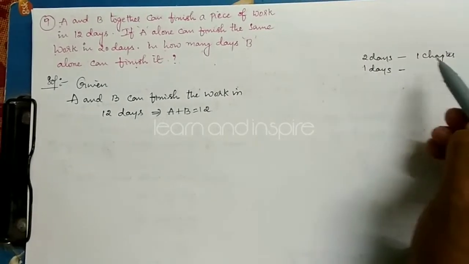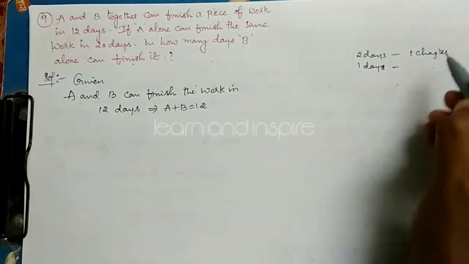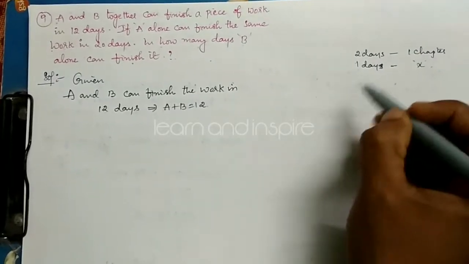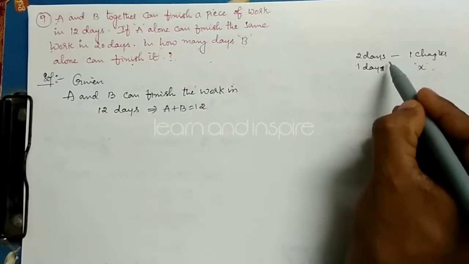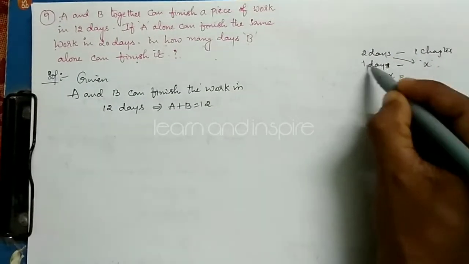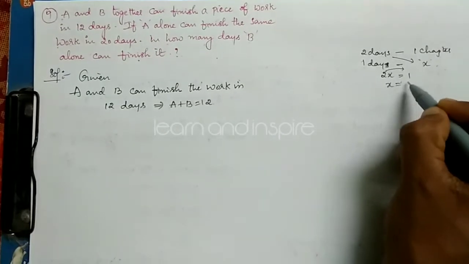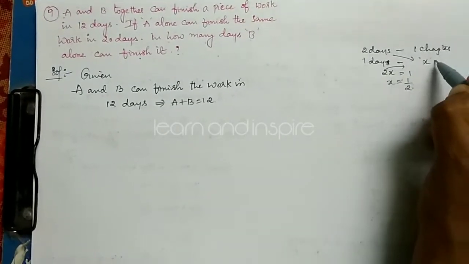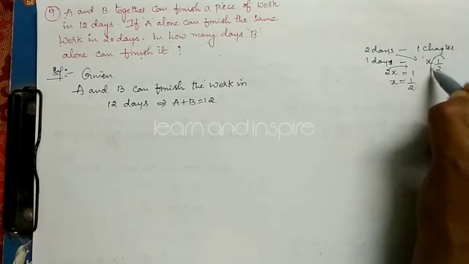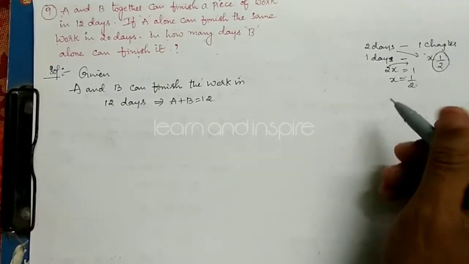In 2 days I complete one chapter, so in one day, how much chapter do I complete? I take this as x. So we can cross multiply this: 2 into x is 2x equals 1 into 1 is 1. By transposing 2 to the right side, x equals 1 by 2. That is, I can complete a 1 by 2 part, that is half part, in one day.